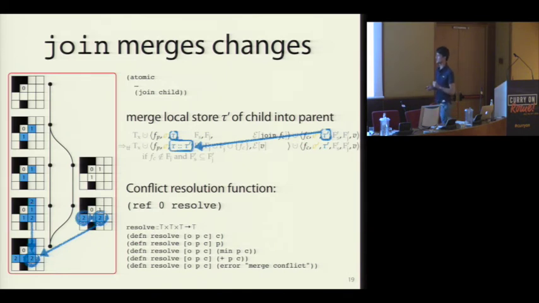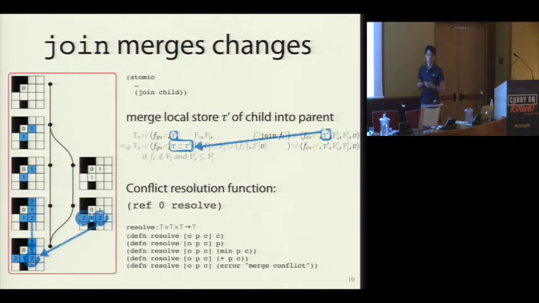And this resolve function takes 3 parameters. As the first parameter, it receives the original value of the transactional variable. So in this example, that's null. And this can be found in the snapshot of the child. And as second and third parameter, it takes the values that exist in the parent and in the child at this point. So in the example, both these values are 2.